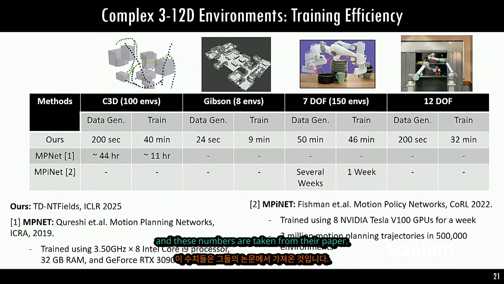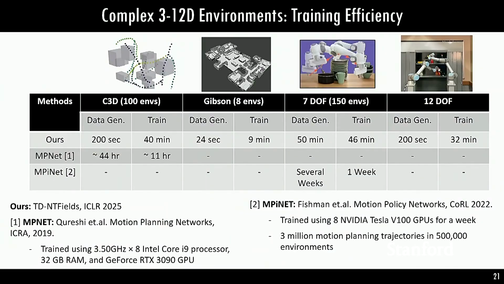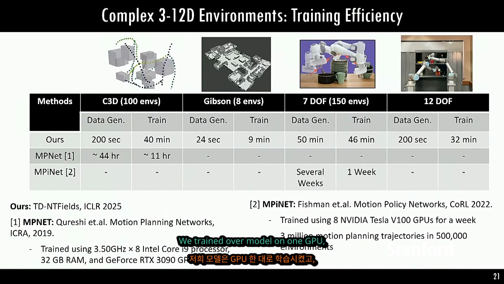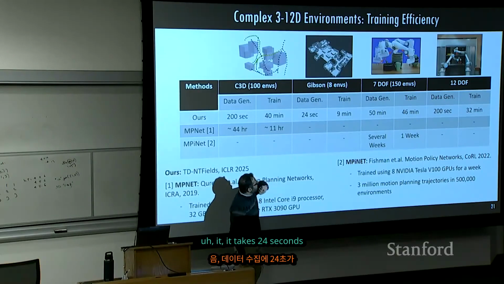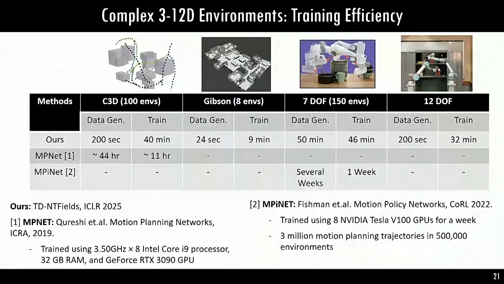These numbers are taken from their paper. It took them several weeks to gather a large amount of data, and then 1 week to train. We trained our model on one standard 3090 GPU, but MPiNet was trained on 8 NVIDIA Tesla GPUs. So it took a huge amount of compute power to train that model. And for these Gibson environments, you can see it takes 24 seconds to gather data and 9 minutes to train.